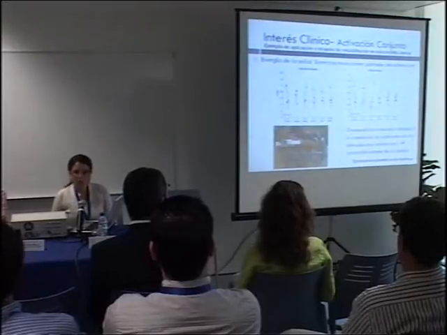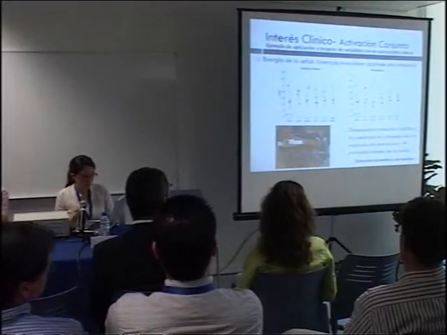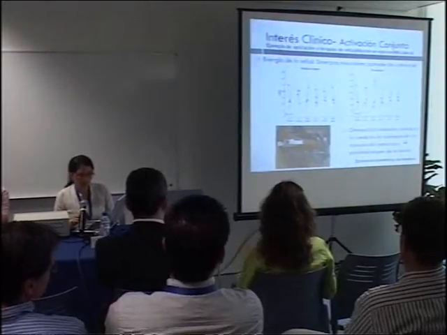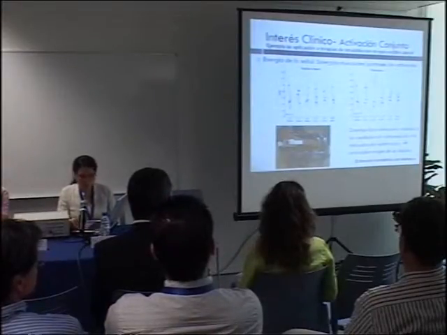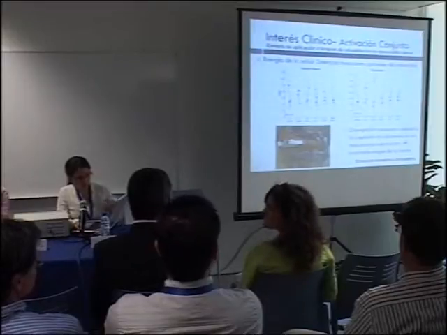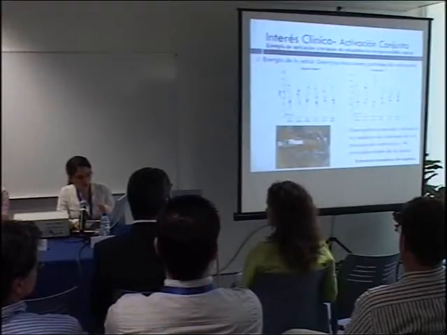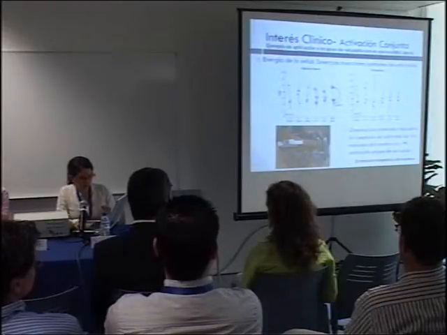We looked at the wrist isometry in 3 muscles: the radial muscle, the extensor digitorum, and the extensor carpi ulnaris. As you see, there's a difference between healthy subjects and patients.